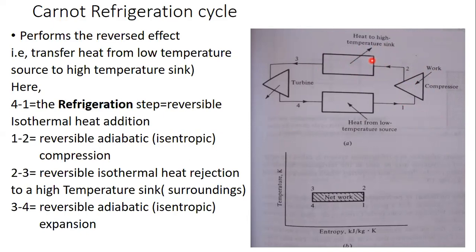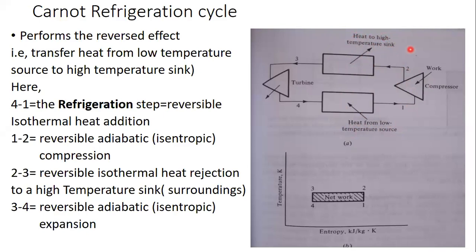So for example, when we are taking the case of a household refrigerator or a kitchen refrigerator, we will be keeping that refrigerator inside the kitchen. What the refrigerator is doing is absorbing heat from a low temperature source, for example our freezer. It will be getting additional energy from the compressor. Then it will be in a position to reject the heat to the surroundings.